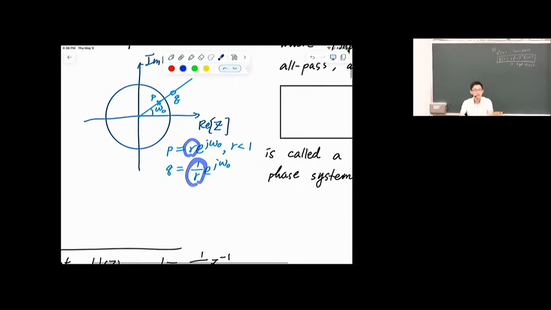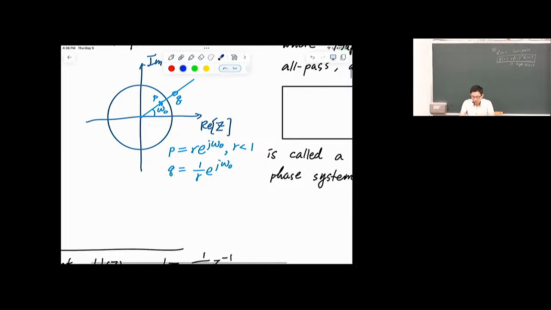If this is the case, then we call the two locations reciprocal. That's what we mean by reciprocal location. We say P and Q are reciprocal locations, are reciprocal to each other.